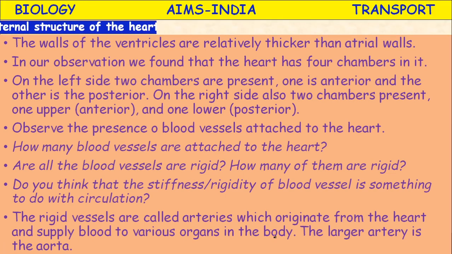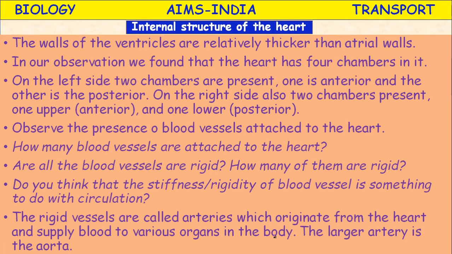Next, further, the walls of the ventricles, if you compare the walls, are not same on all the sides, they are different. Okay, so in some places it is very thick, I said already. The left ventricle walls are very thick because it is pumping blood to parts far away from the heart.